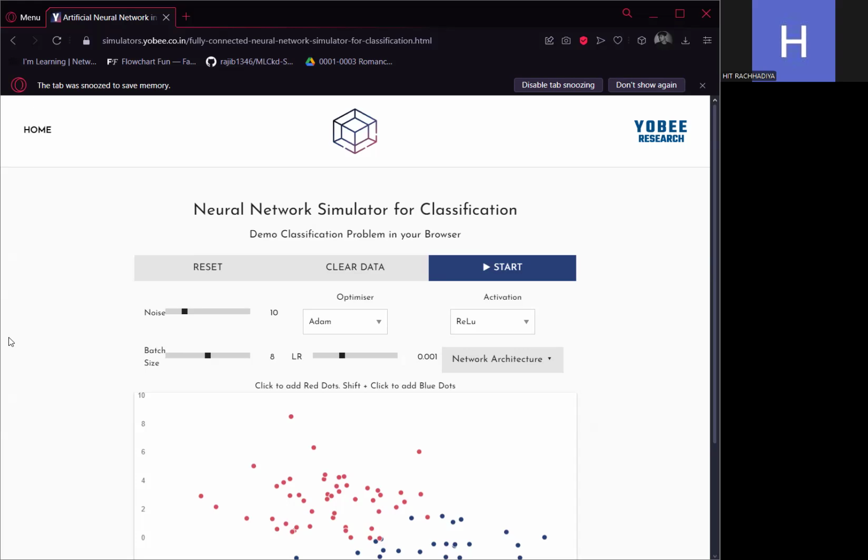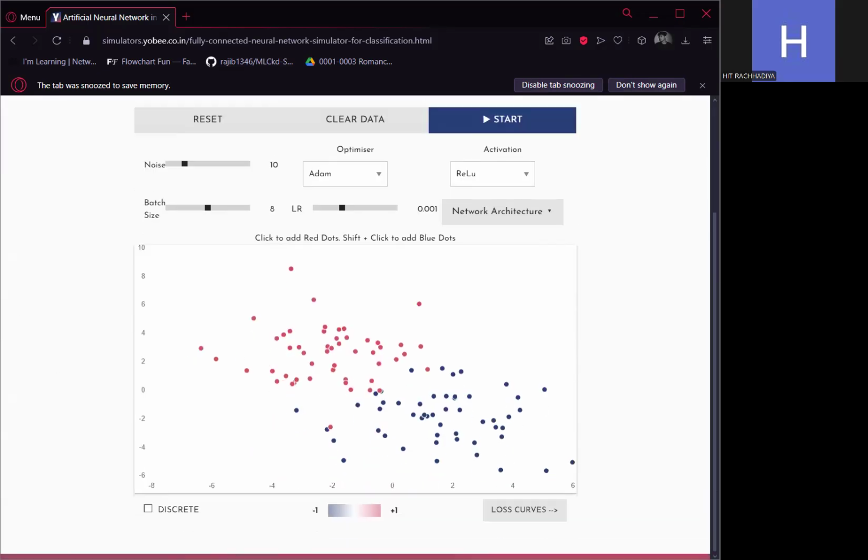So first of all, what is the artificial neural network? The artificial neural network is also known as the dense neural network or fully connected.